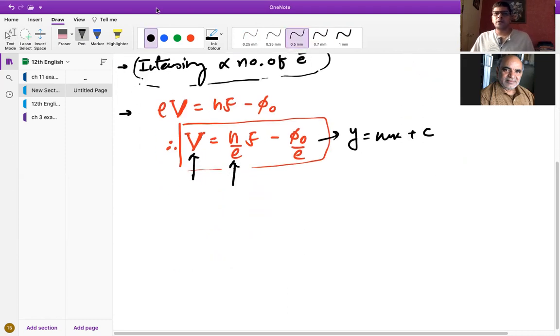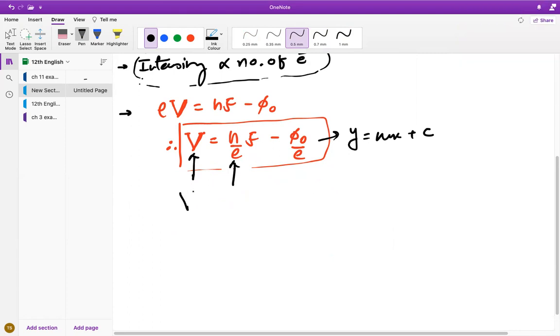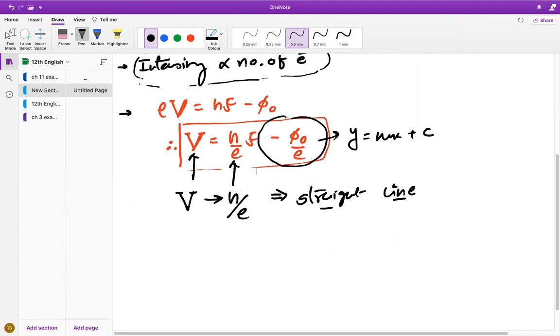So it will show linearity. The V versus h upon e graph is a straight line. Now a straight line we cannot call y equals mx, because there is a minus at the end. A straight line can also have a negative intercept, because we have a negative value.